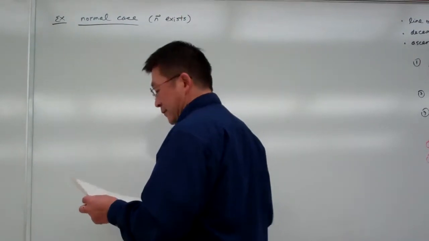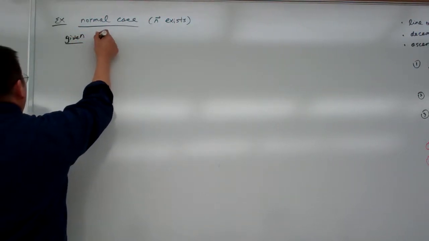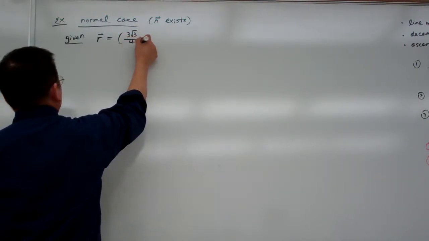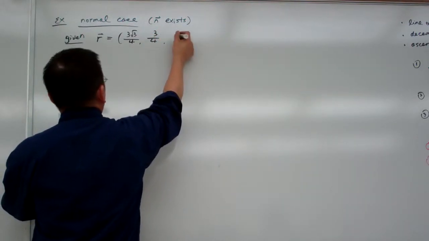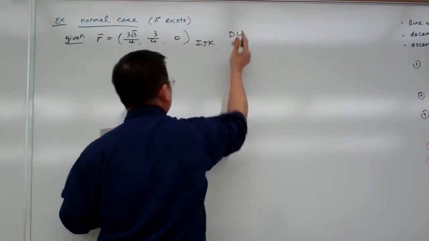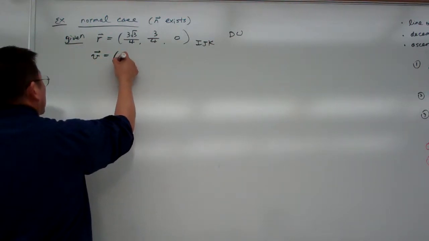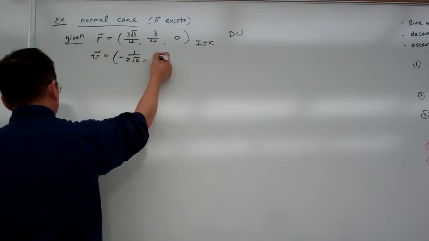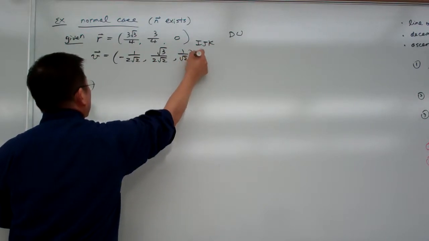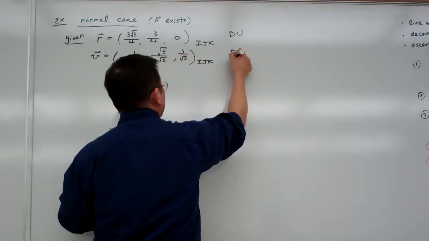Okay, and here we are given the r vector equal to 3, in the IJK coordinate system with the unit DU, and v equal to minus 2 square root 2, square root 3 over 2 square root 2, and 1 over square root 2, in the IJK geocentric coordinate system with the unit DU over TU.